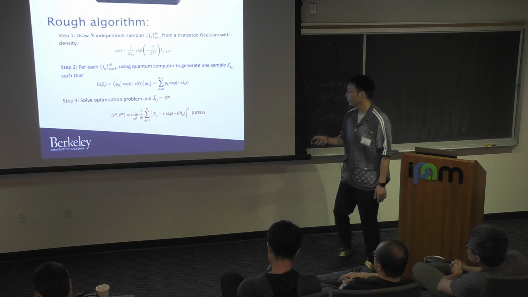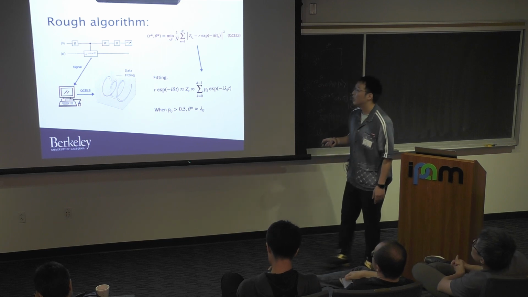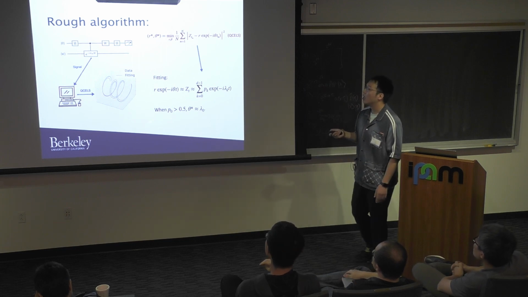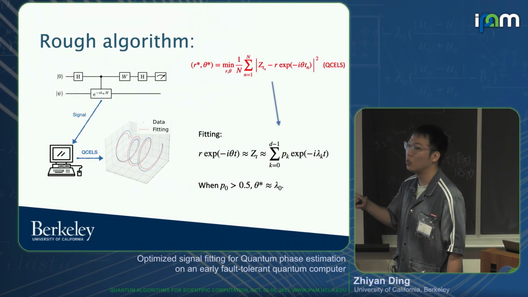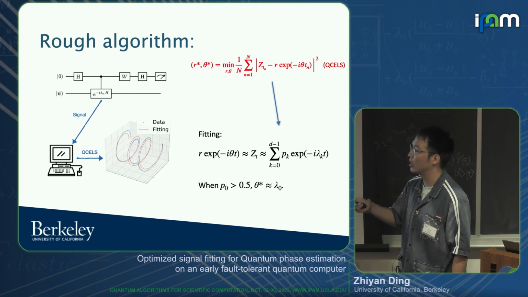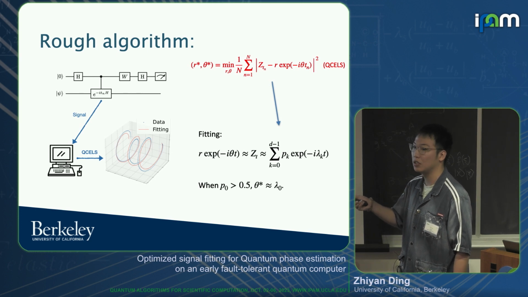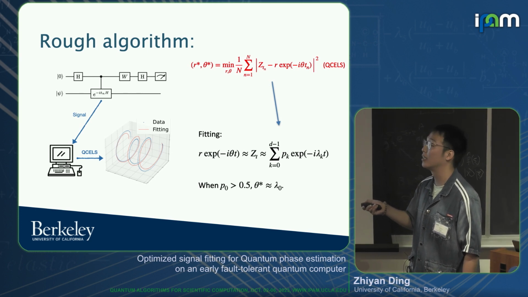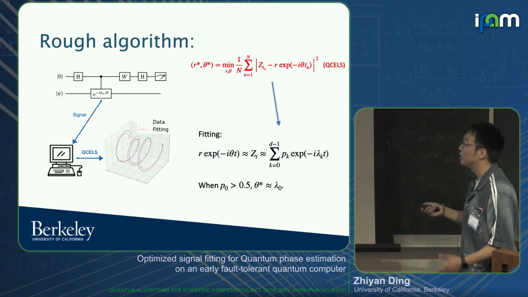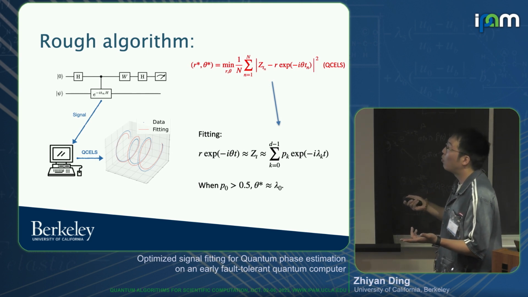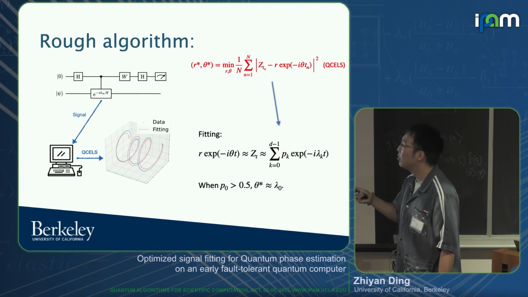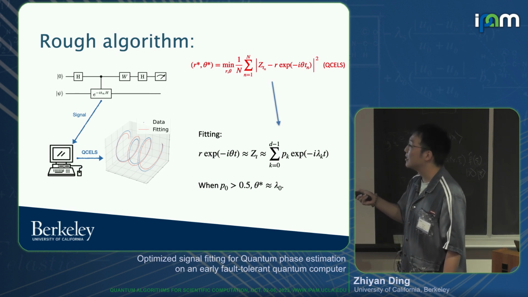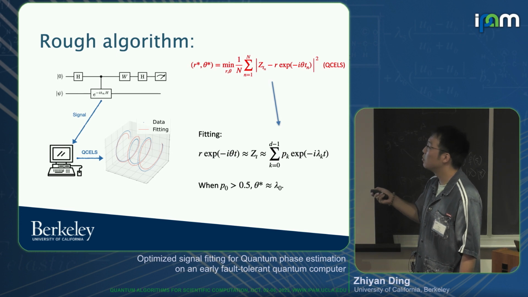Now, our rough algorithm can be summarized into the following picture. Essentially, we have a Hadamard test circuit. We generate some signal, put it into the classical computer, do QCELS, do the fitting, then output lambda 0. Intuitively, although we only use one sample for my Ct, since its expectation equals this signal, you can imagine Ct is close to this signal.